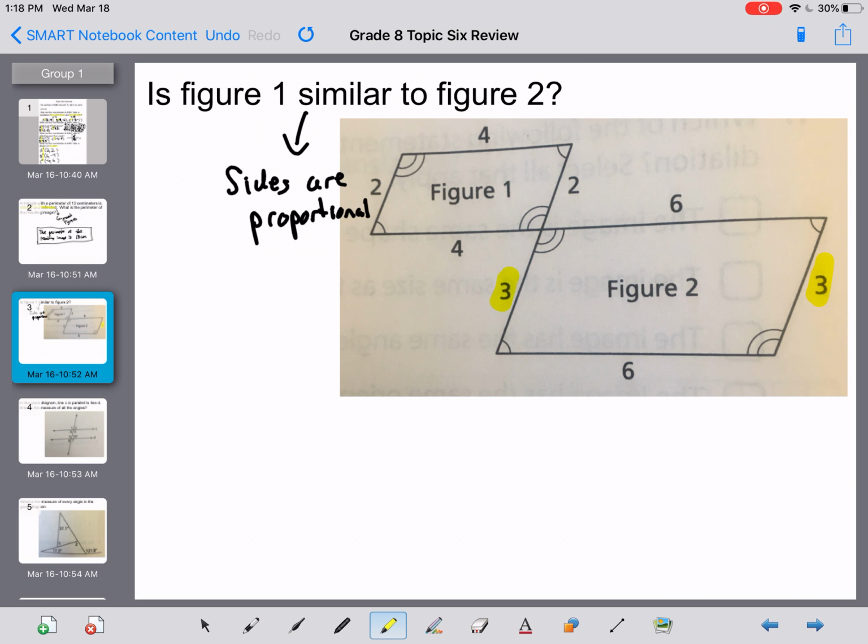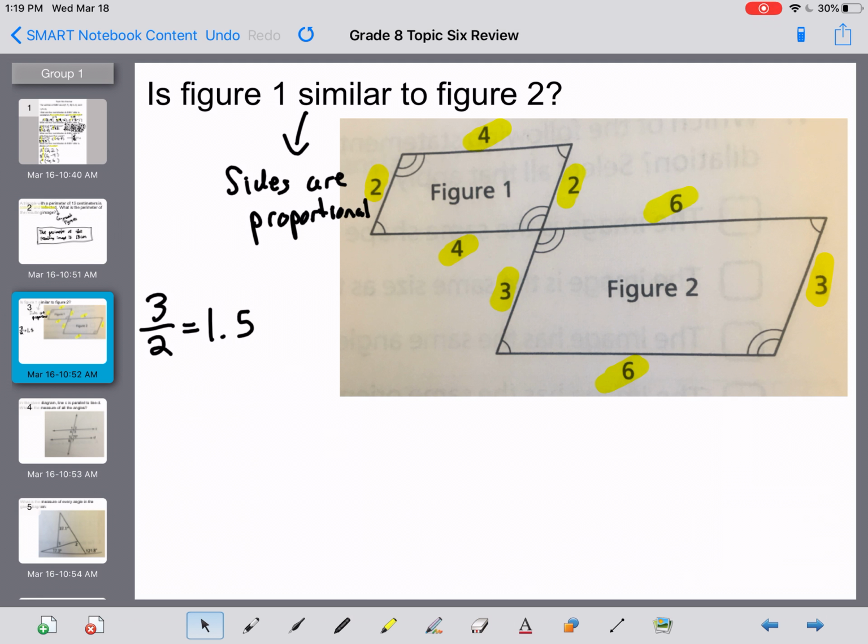For my bigger figure, I have 3 and 3, and those correspond to the 2 and 2 on figure 1. So if I were to do 3 divided by 2, I get 1.5. Now I'm going to look at the bigger side of each figure. Figure 2 is 6 and 6, and figure 1 has 4 and 4.